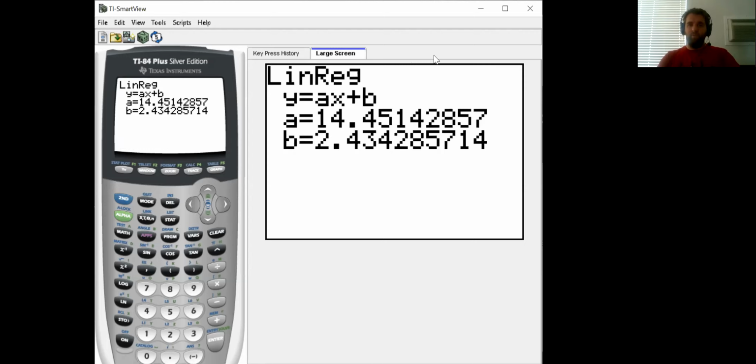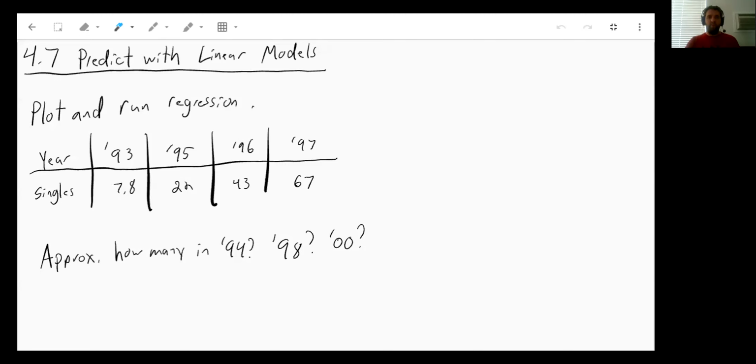So since we knew that in this case it was y equals ax plus b, and it then tells us our a and b, we can know that y equals 14.45x plus 2.43. You can just round it to a couple decimal places.